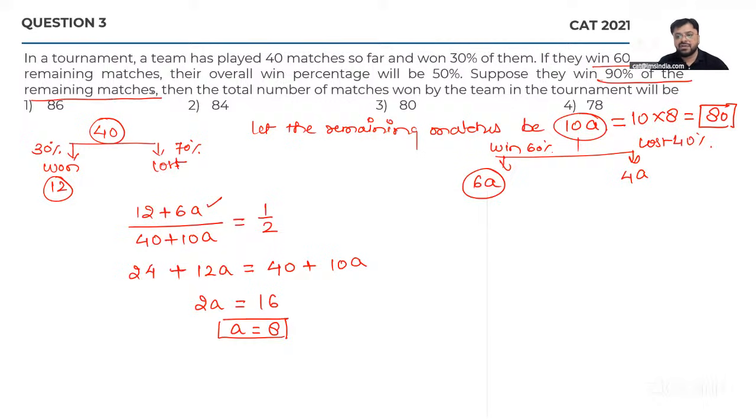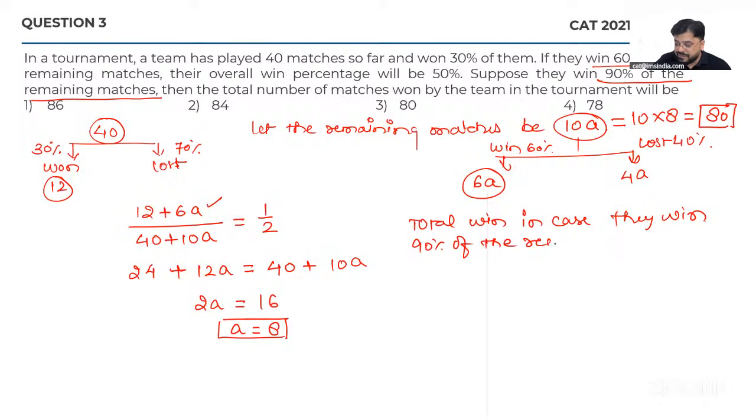So total win in case they win 90% of the remaining matches would be 12 matches they have already won plus 90% of 80, which is 72.